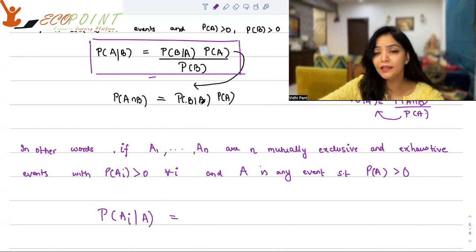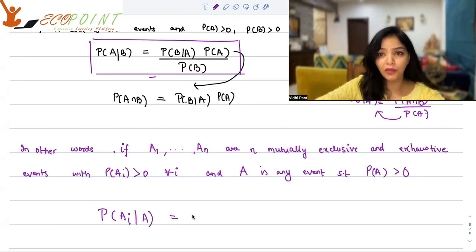In other words, if A1, A2, so on and so forth till An are n mutually exclusive and exhaustive events with probability of Ai strictly greater than 0, that means there's a surety that these events are occurring. And A is any event such that, again, it has a positive probability.